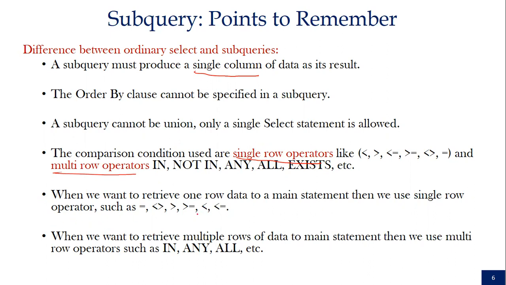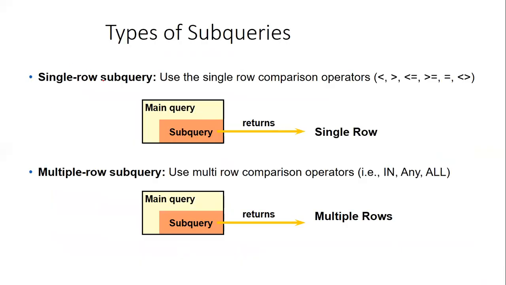Single row operators return just a single row or value, whereas multi-row operators return multiple values. So the type of query is based on the operator used and the return value. When a subquery returns a single row or value, it is called a single row subquery. When it returns multiple rows using multi-row comparison operators, it is called a multi-row subquery. Is it okay?